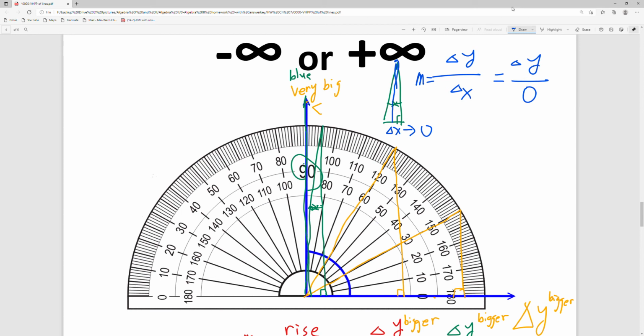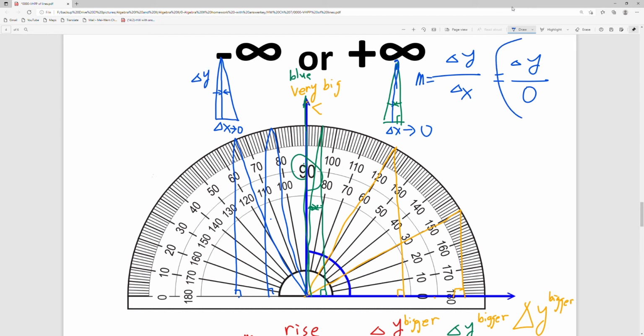Now from the other side, you have the same idea. Your triangle, when you want to close to 90 degrees, this triangle need to be smashed together, become 90-degree line. So delta x becomes 0, and the delta y is some number.